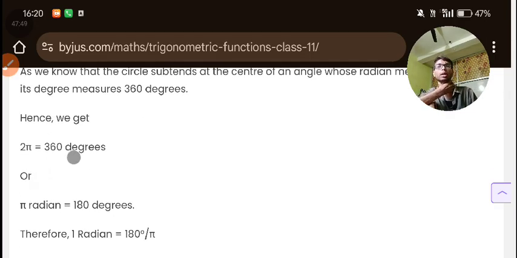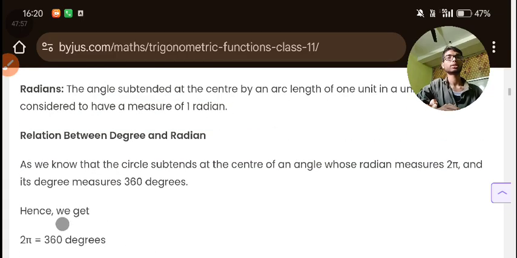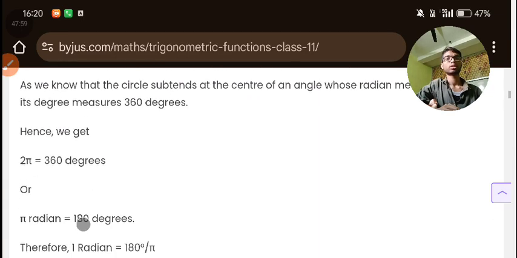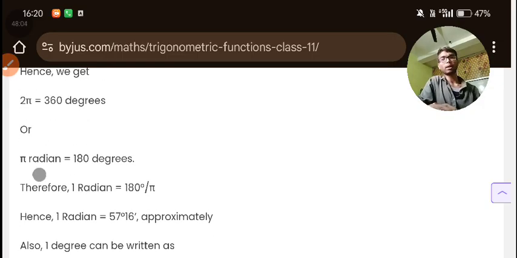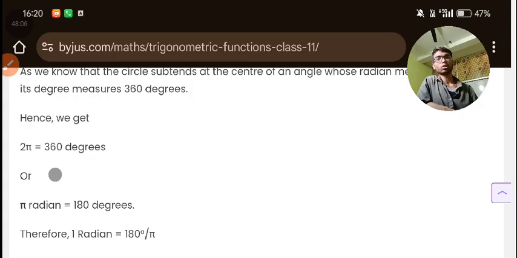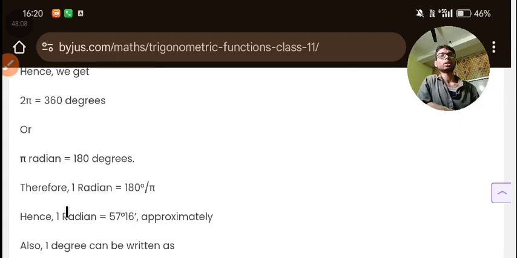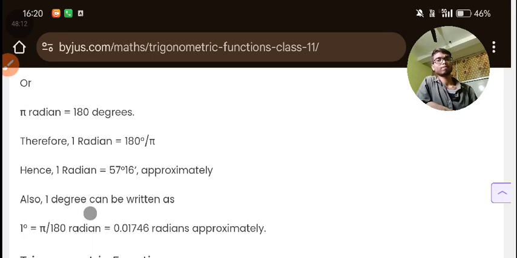Hence we get 2 pi equals 360. How? 2 multiplied by 180 is 360. So 2 pi radians is 360 degrees, or pi radians is equal to 180 degrees. Therefore 1 radian would be 180 upon pi.